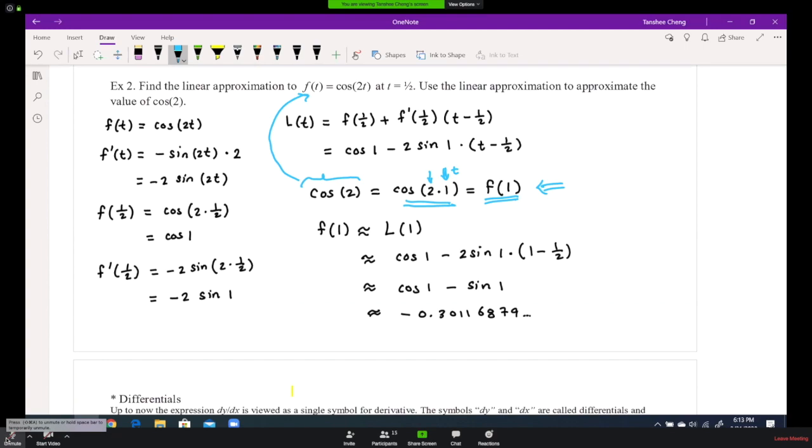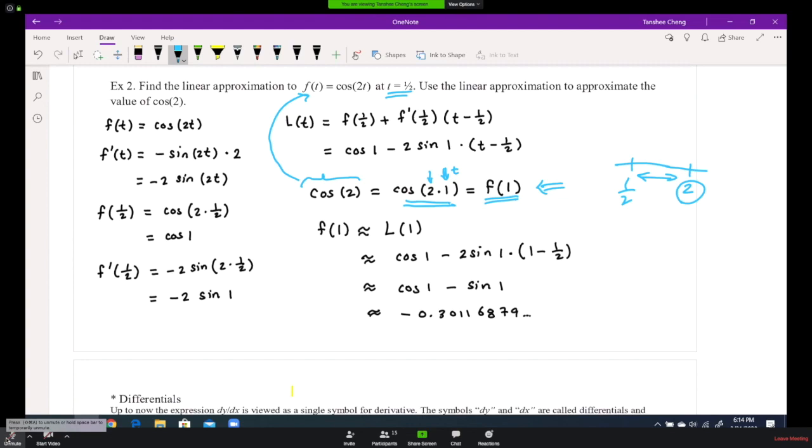But in this case, the approximation of cosine of 4 will not be a good approximation using this linearization function, because this linearization function is at t equal to half, right? And to get cosine of 4, you are talking about t equal to 2, that's too far apart. So you will get an approximation, but it's not a good approximation.